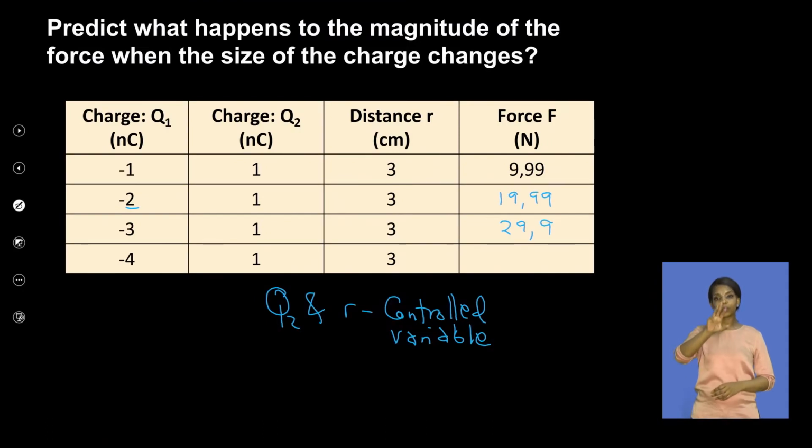So that's the magnitude of the force. Now, immediately we can pick up that as the magnitude of Q1 increases while the distance between the two charges and the charge of Q2 remain constant, the magnitude of the electrostatic force also increases in the same proportion. This is what we emphasized, okay?